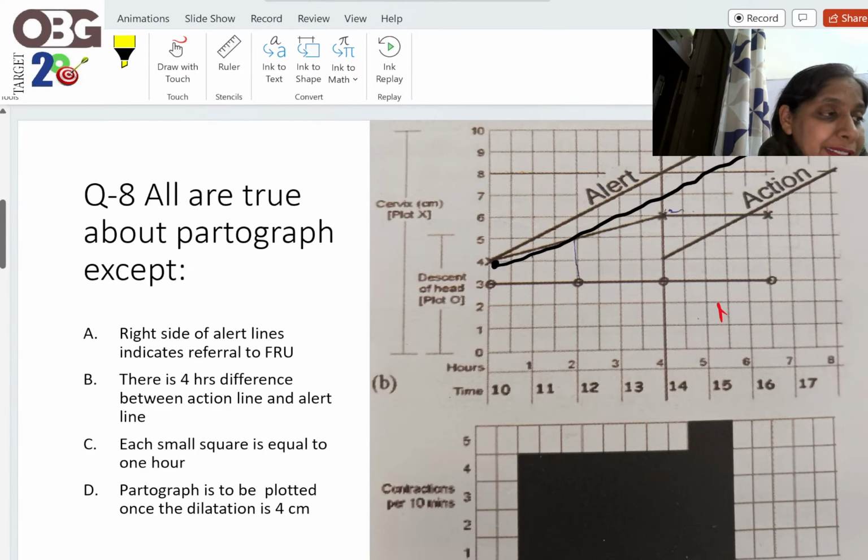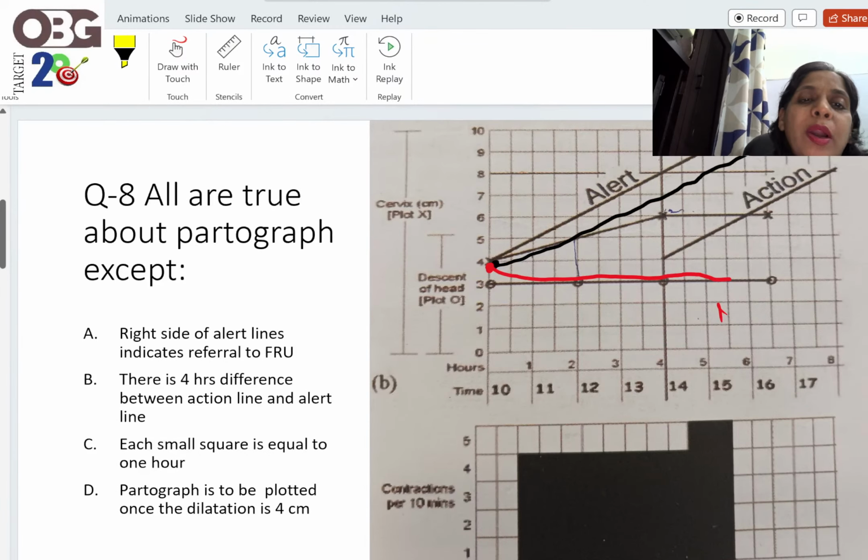And the descent of the head was from 4 to 3. Can you tell me what is your management in this patient? If this is the partograph given in your exam, what is your management?